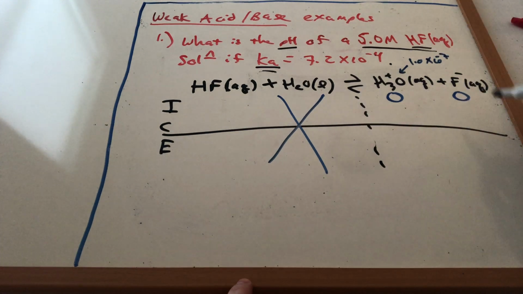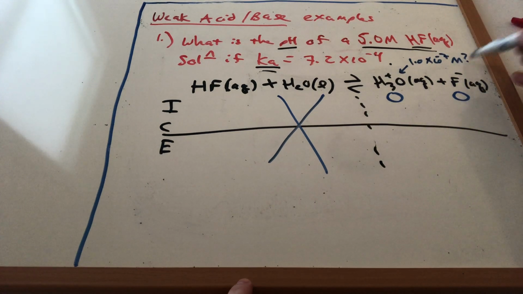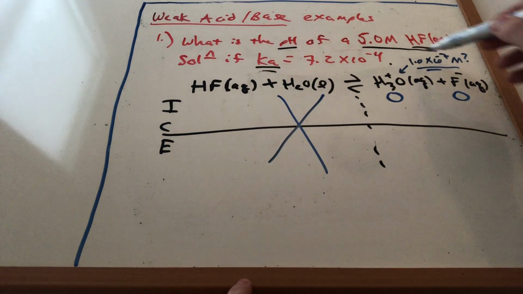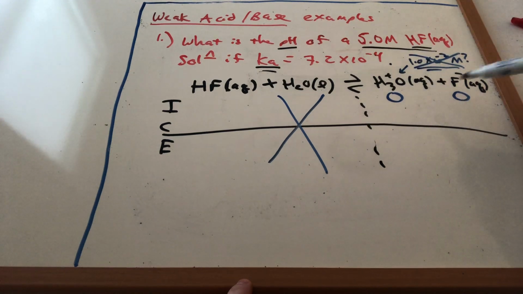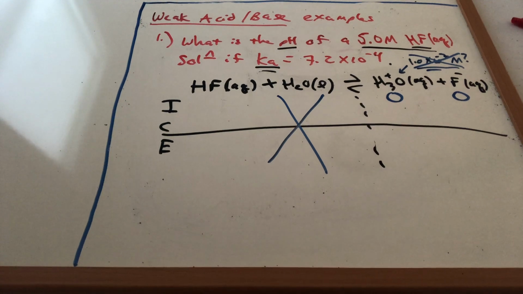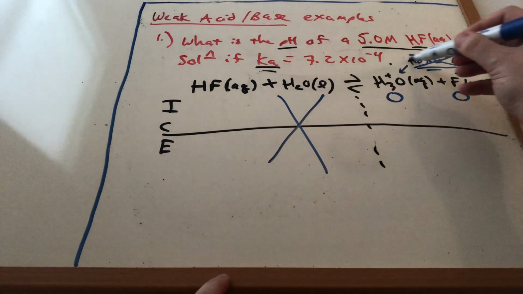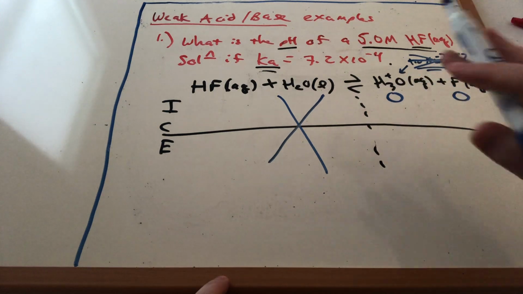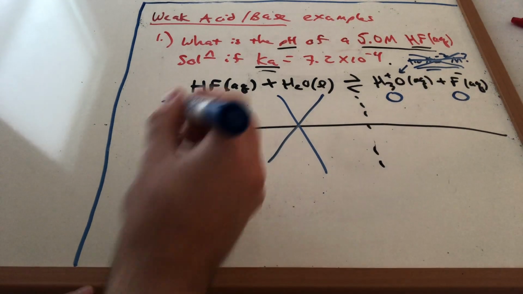Before I dump the HF in there, isn't that in there to start with? And the answer is yes. It's just that this is so small compared to what we're going to get that we pretend it's zero, because that'll simplify our analysis. So realize that there is a little bit of that in there, but it's so small that we're just going to call it zero for this sort of problem.